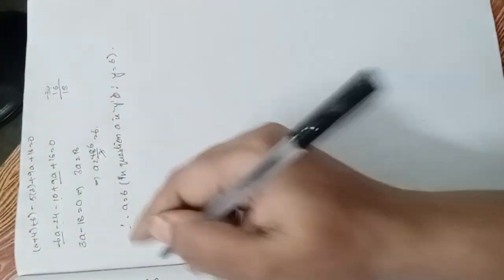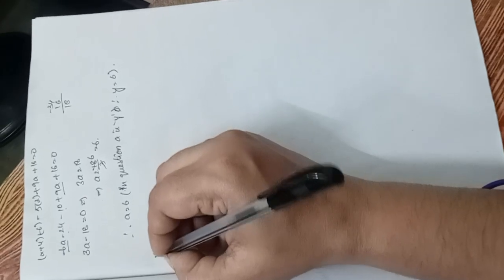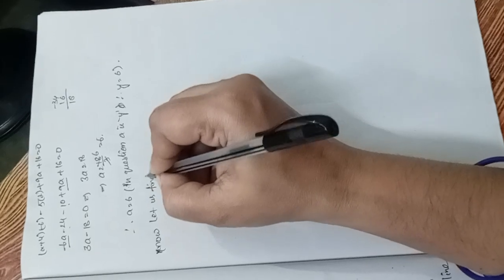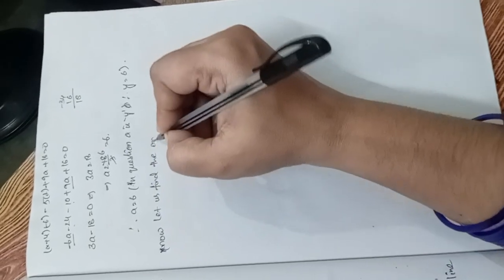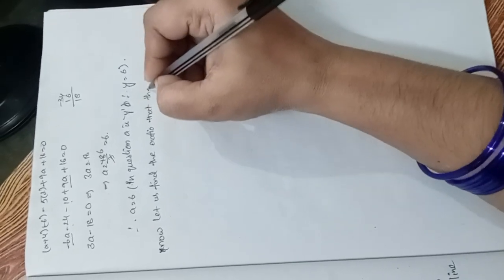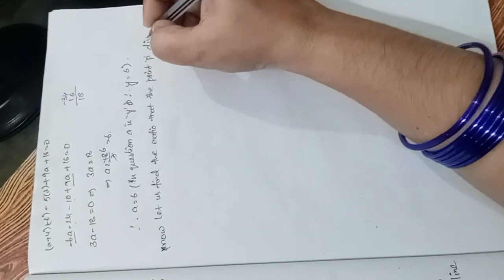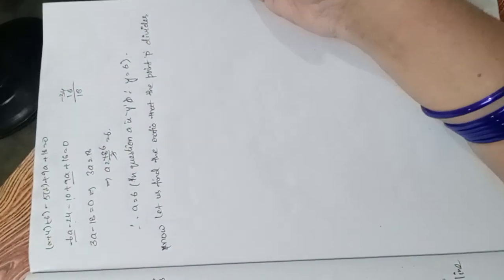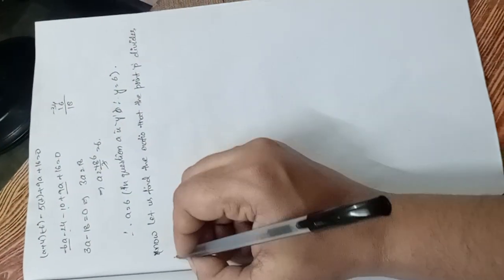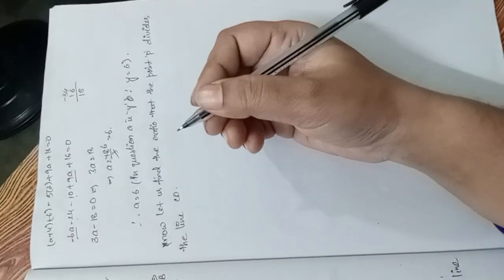Okay, now what do we have to find? Now let us find the ratio in which the point P divides the line CD.